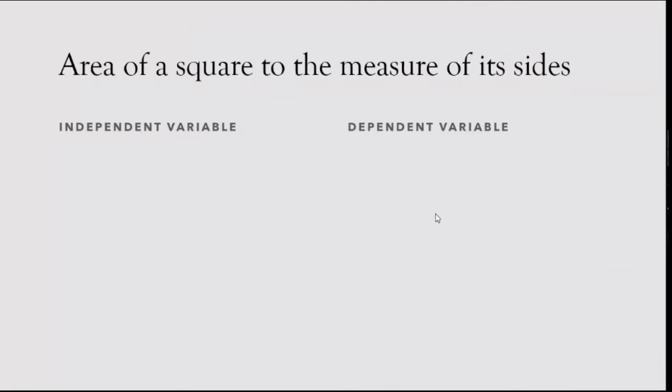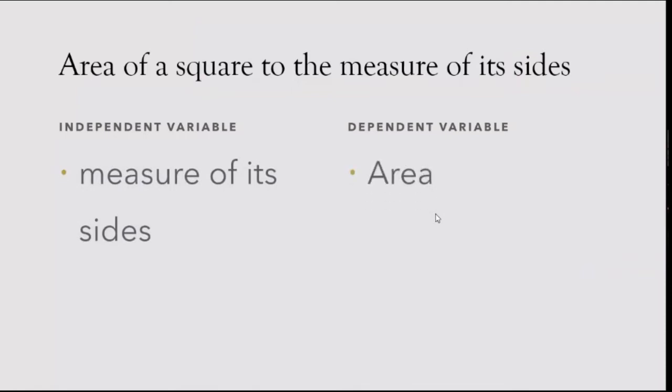Another one is the area of a square to the measure of its sides. Again, we will have the area of a square based on the measure of its sides. So, the independent variable here is the measure of the sides, and the dependent variable is the area.